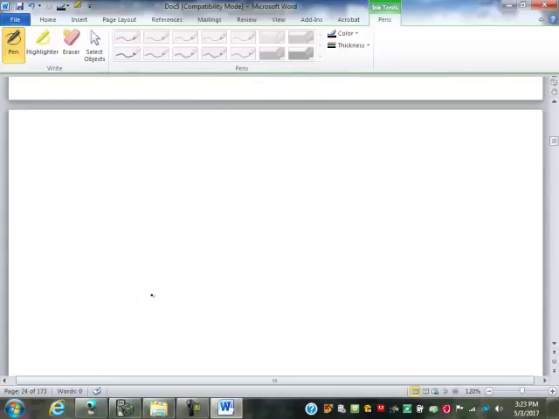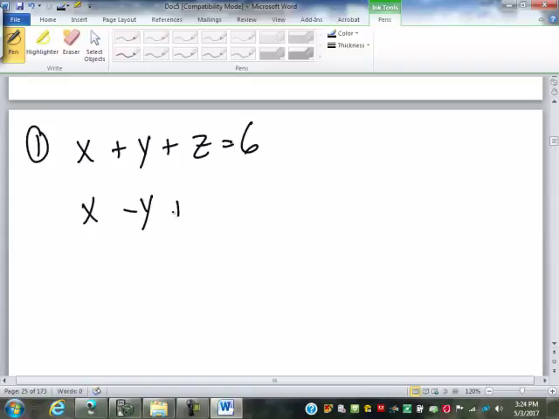I'm just going to give you guys 2 of them to work on here. So the first one, x plus y plus z equals 6. X minus y plus 2z equals 5. And 2x minus y minus z equals negative 3. So that's your first one to work on.